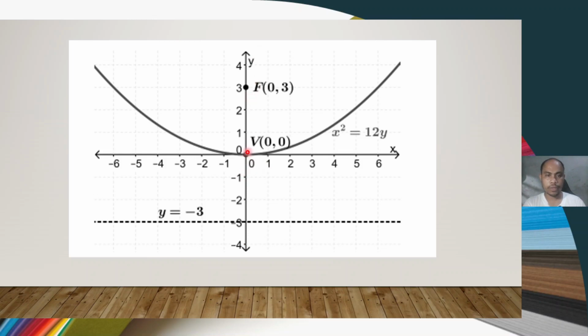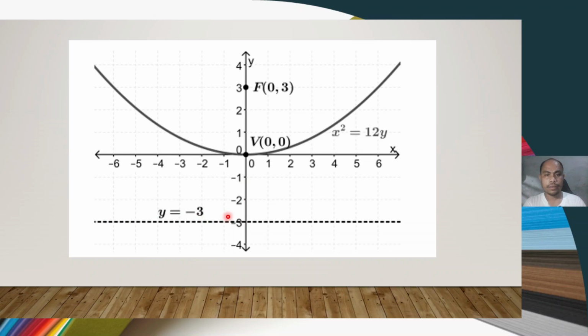Do not forget also to draw the focus and the directrix. For the directrix, from the vertex, count 3 going down: 1, 2, 3. Draw the broken line for the directrix, which is y equals negative 3.